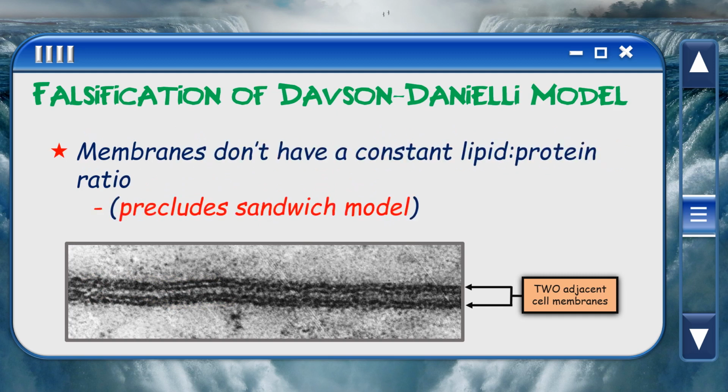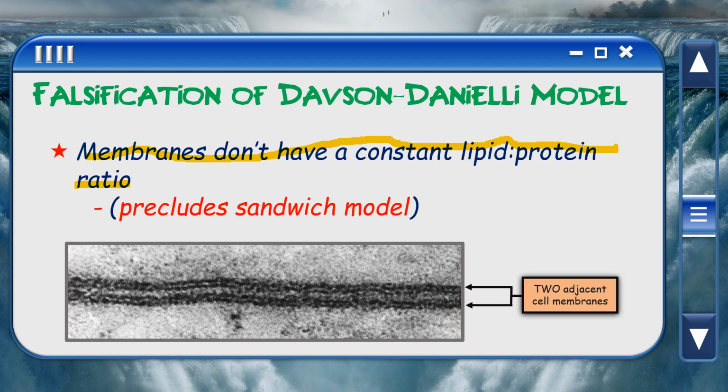Then there was a falsification of Davson and Danielli's model, where they say membranes don't have a constant lipid-protein ratio.